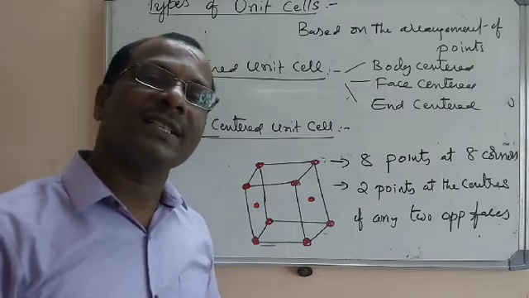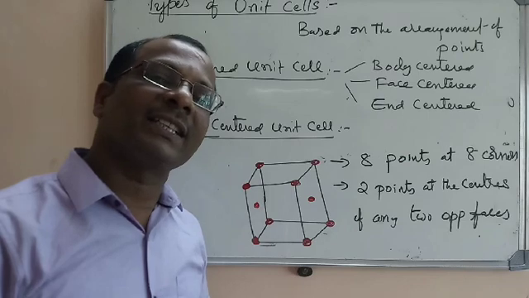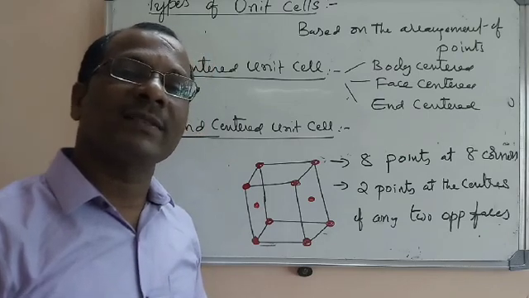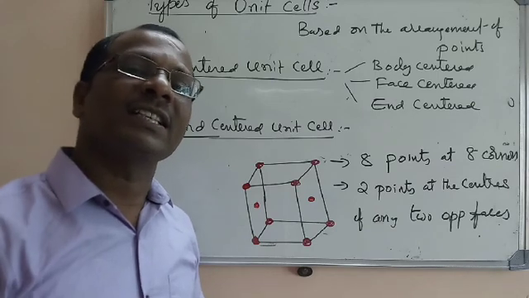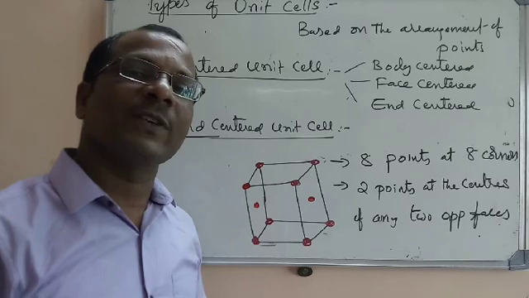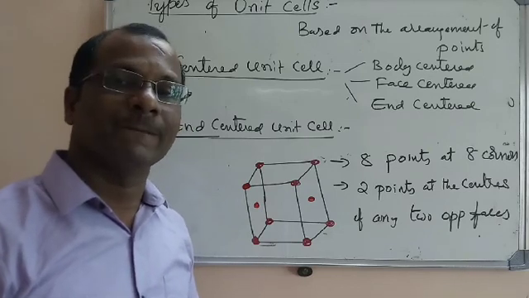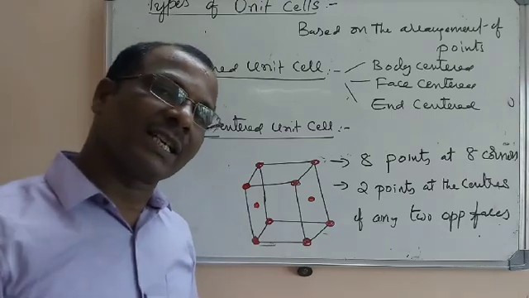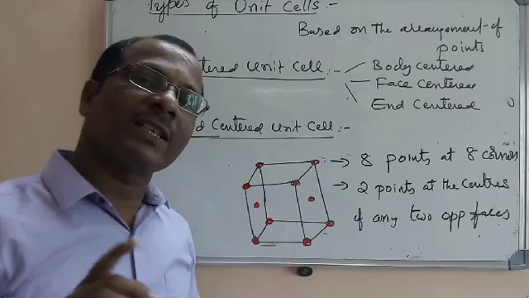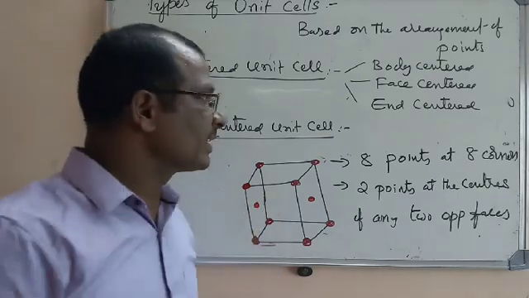A face-centered unit cell will have 8 points at the 8 corners. In addition to that, there will be 6 points at the centers of each of the 6 faces. 6 faces, each face will have 1 point at its center. 6 faces, 6 points. Now, what is an end-centered unit cell?